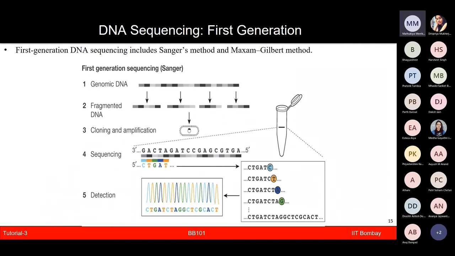Termination is the point where it gets terminated, and elongation is till the point it gets elongated. This is a similar basic principle, but exactly the opposite. We will look at Sanger's in a little more detail after a point.